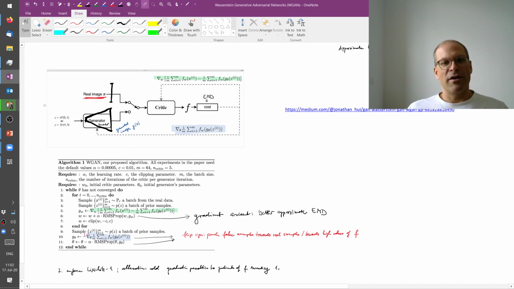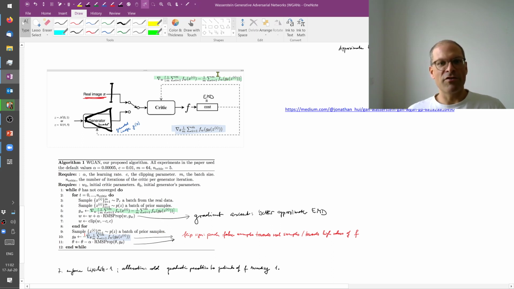So you see the sum over the function evaluated at true examples minus the sum of the function evaluated at the fake examples. So g of z is the generator of my low-dimensional sample.